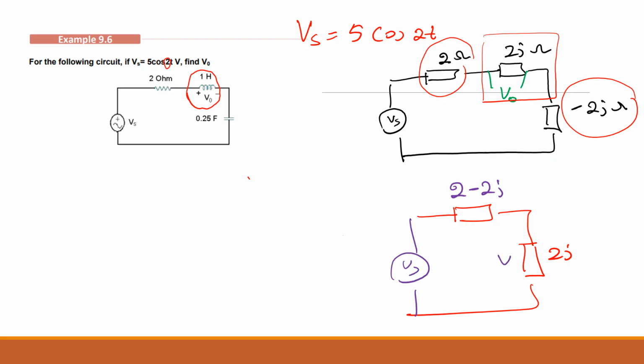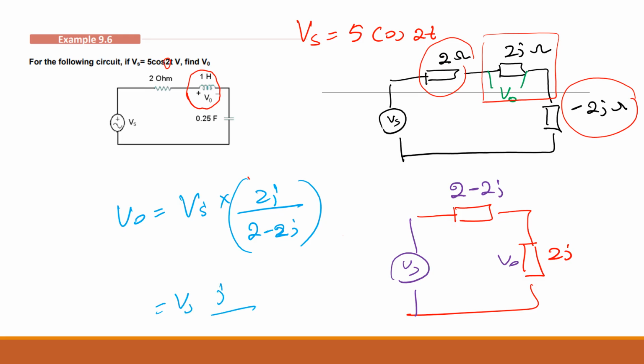Now we can divide them. So V naught will be Vs times 2j divided by 2 minus 2j, isn't it? Am I right? So that will be Vs times j divided by 1 minus j. Agree?